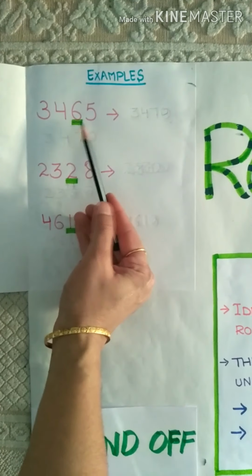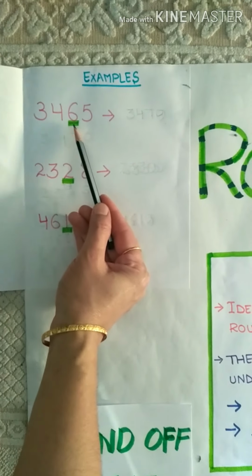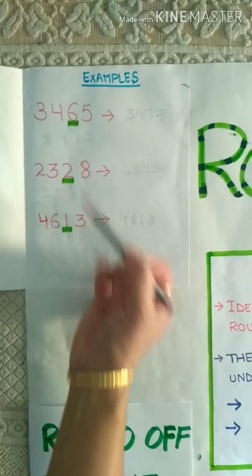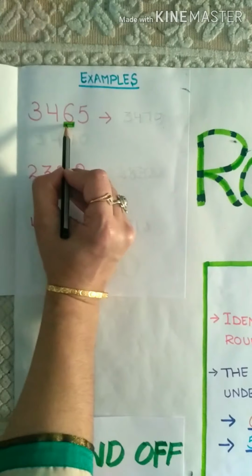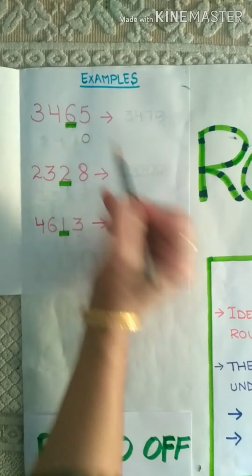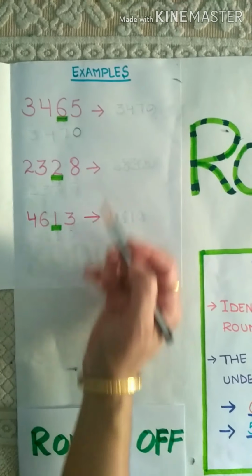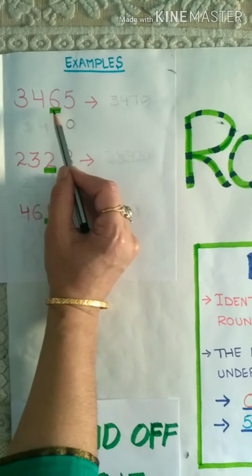So let me find the digit at the tens place. Here the digit 6 is at the tens place. Now, let me write 0 at the ones place. So students, after putting 0 at the ones place, see the number at the right side of the underlined digit.